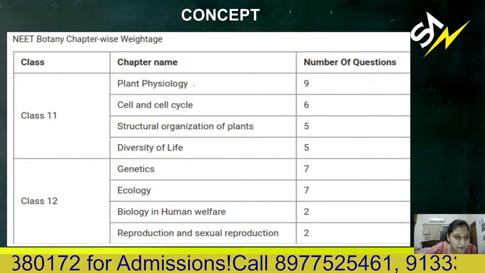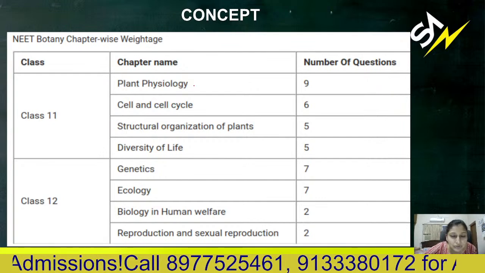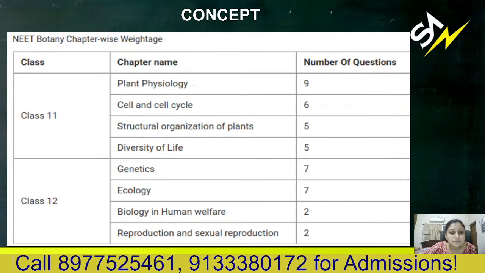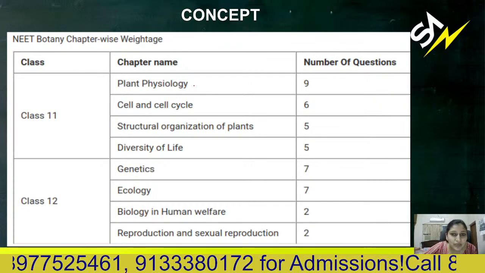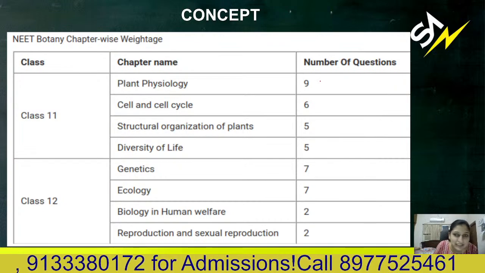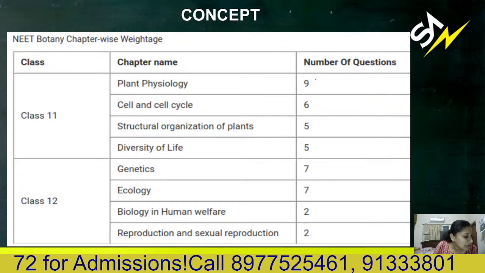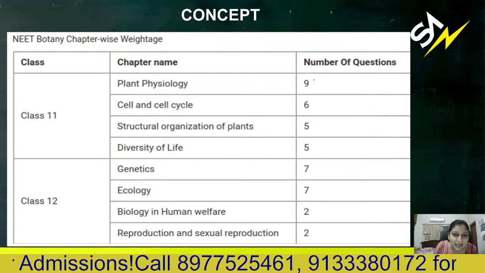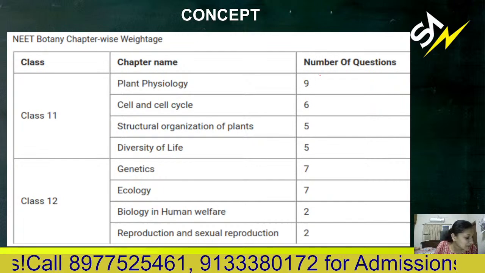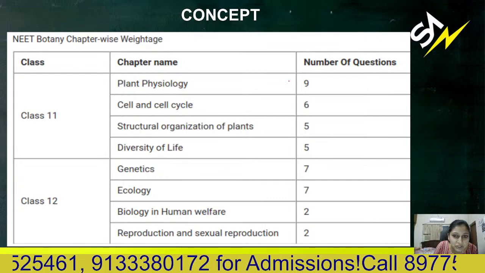These are very, very, very important chapters, especially photosynthesis, transportation and respiration. You will get a number of questions here. These are not marks, these are numbers of questions, so you can multiply by 4 to see how many marks you will get after cracking these 9 questions. So around 9 questions you will get from plant physiology.